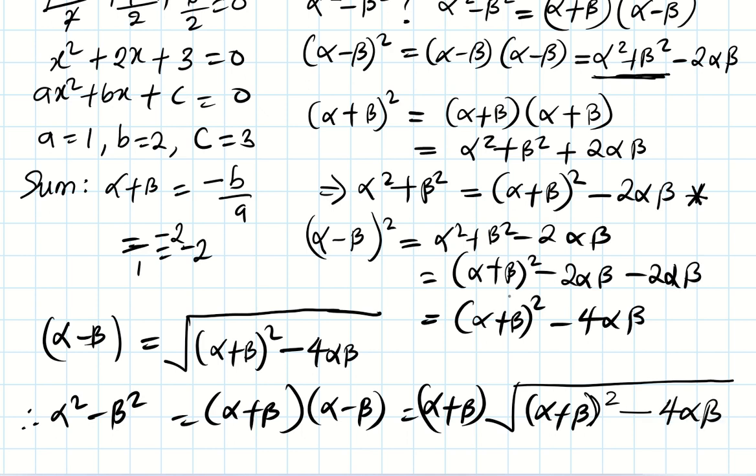So now we will have to substitute the sum and product in this equation to find alpha² − beta².